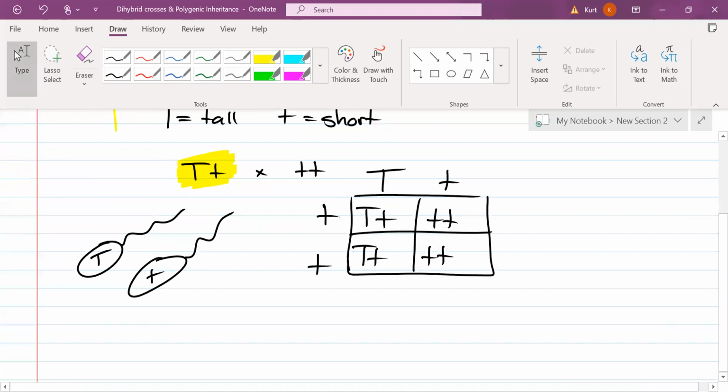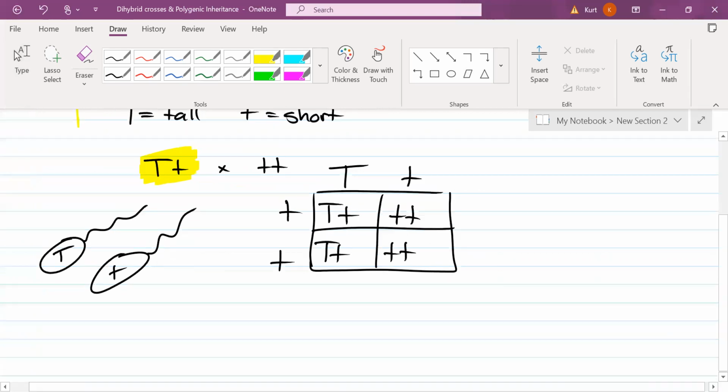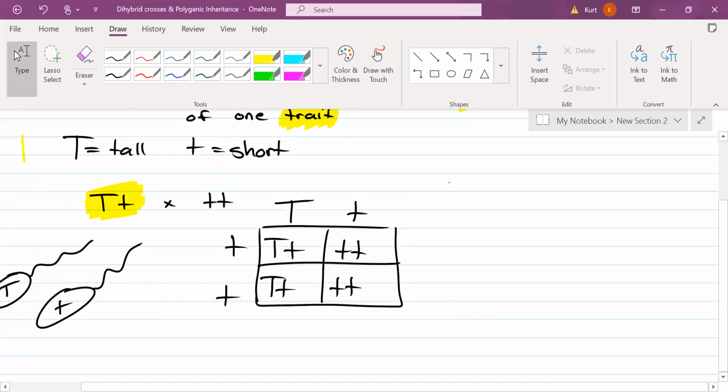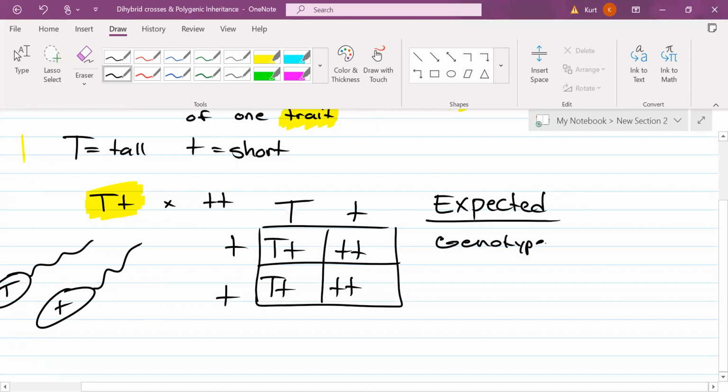What you need to get used to now, and this will get you ready for Monday, is you need to identify the expected frequencies of genotype and phenotype. Frequencies means percentages. Remember that there's also a difference between expected and observed. So when it comes to expected genotype, Mitchell, what % of these will be homozygous dominant? 0.